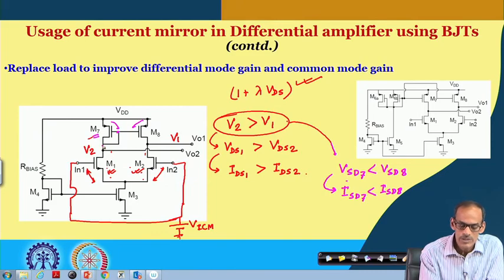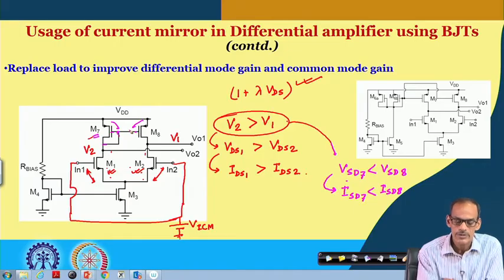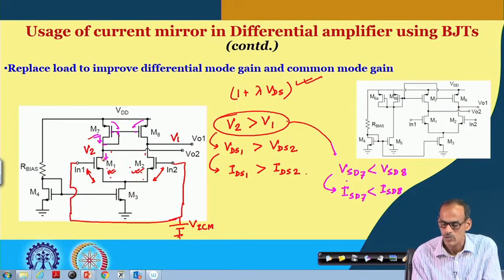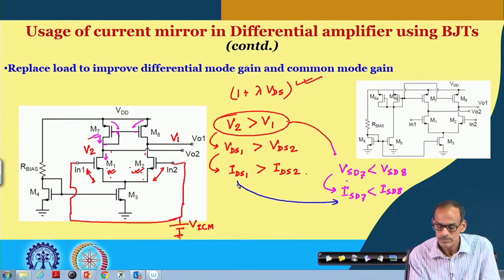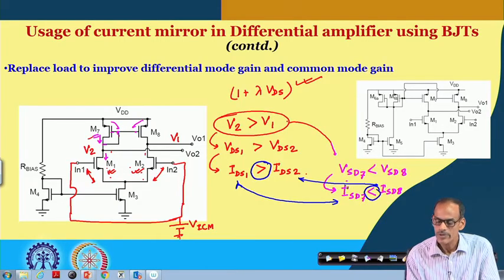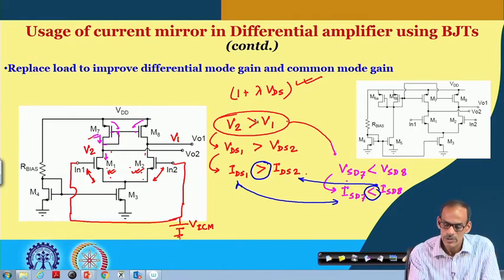But since it is a DC connection, there is no current flow here, it is a capacitive connection. The ISD of transistor 7 and IDS of transistor 1 are equal. So, if these two are equal and also these two are equal, but their relative values have opposite conditions, that makes this condition not possible.